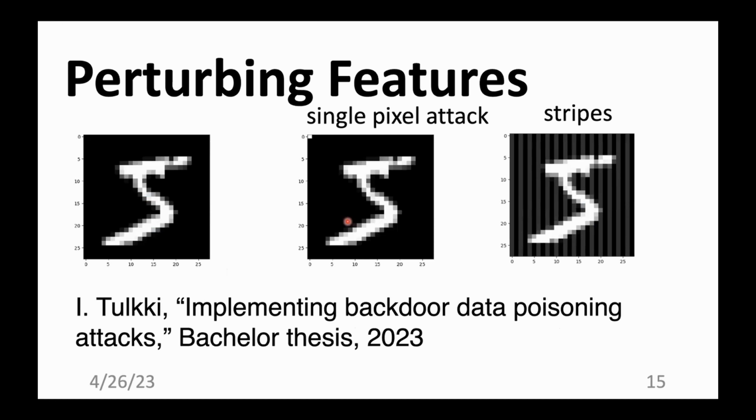Yeah, then different types of perturbations of the features are illustrated here. This is taken from a currently finished bachelor thesis in my group by Illa Tulki. And so one way to perturb the images would be flipping one single pixel. So this is called a single pixel attack. Then a bit more sophisticated attack is when you add patterns, regular patterns, like stripes.